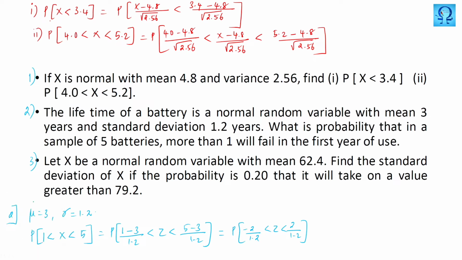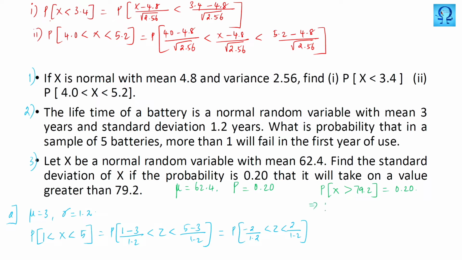Let me put this in notation. Mean is 62.4, probability is 0.20, and the x value is greater than 79.2. So the probability of x greater than 79.2 is 0.20.